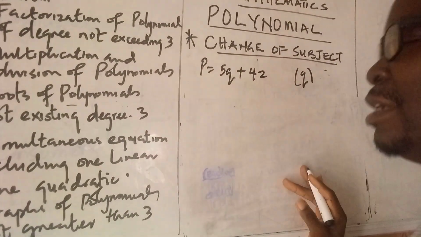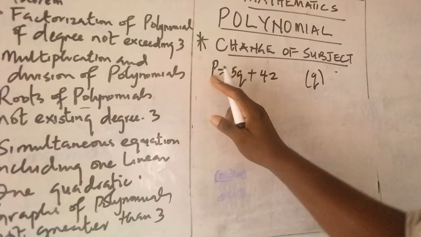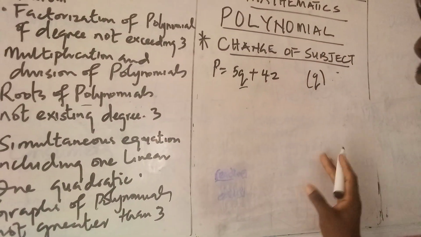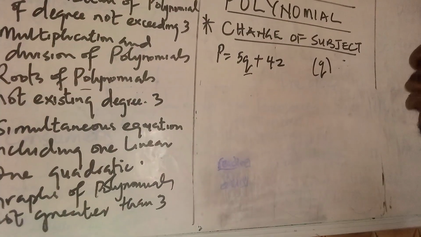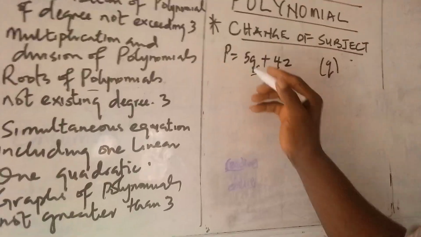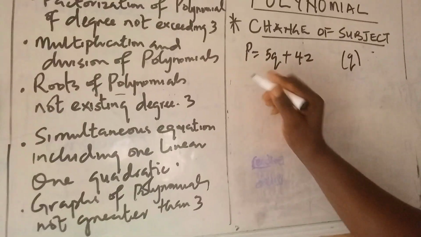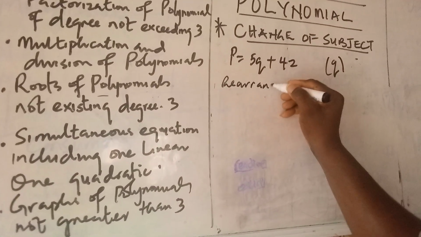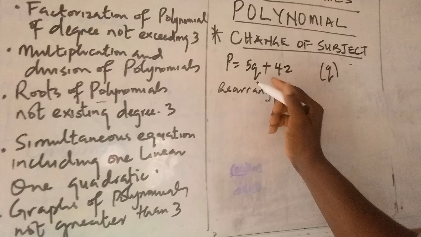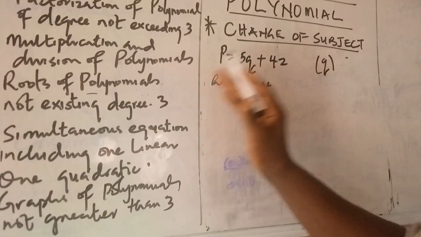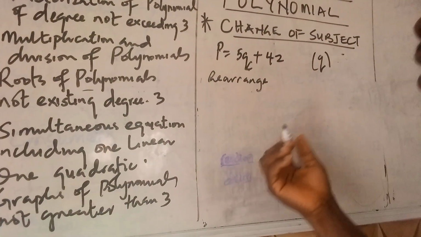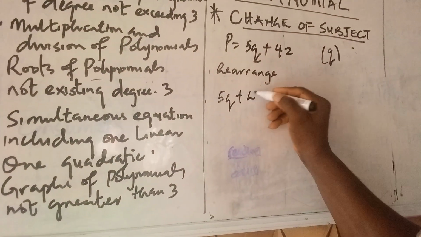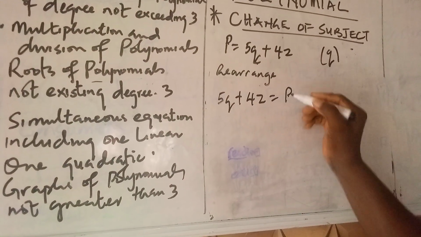Meaning that instead of P being equal to this, we make Q equal to what is here. Just like the basic rules I shared earlier, we first of all rearrange such that the subject we are looking for, Q, will be on our left hand side. So I can say that 5Q plus 4Z is equal to P.